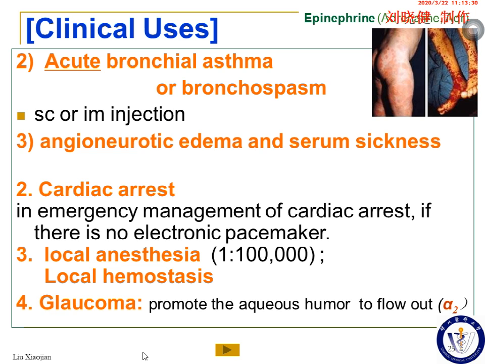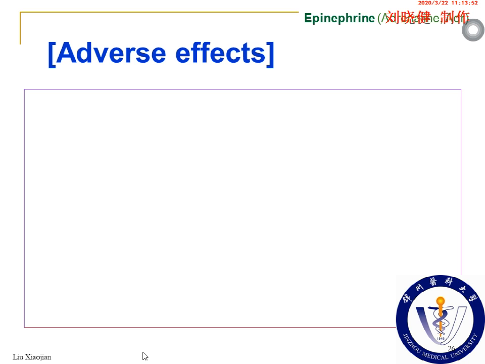or bronchospasm, or angioneurotic edema and serum sickness, and cardiac arrest caused by different reasons, and local anesthesia or local hemostasis, and glaucoma. So what are the adverse effects of it?